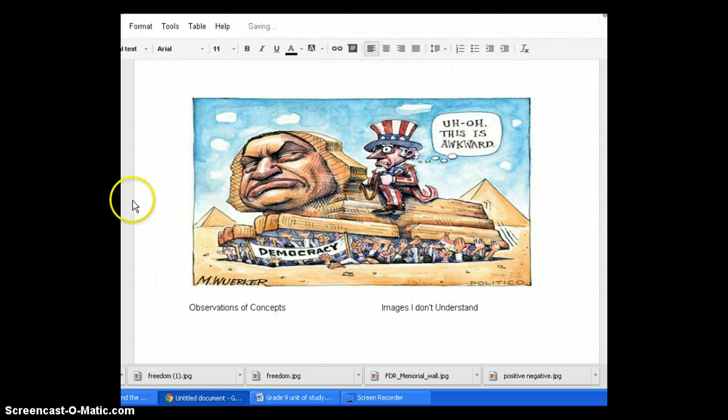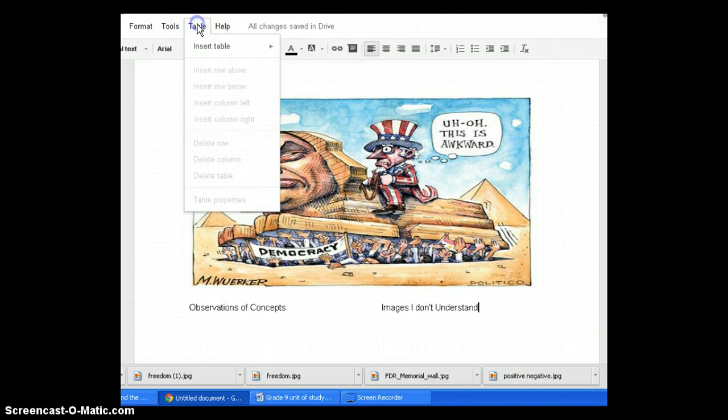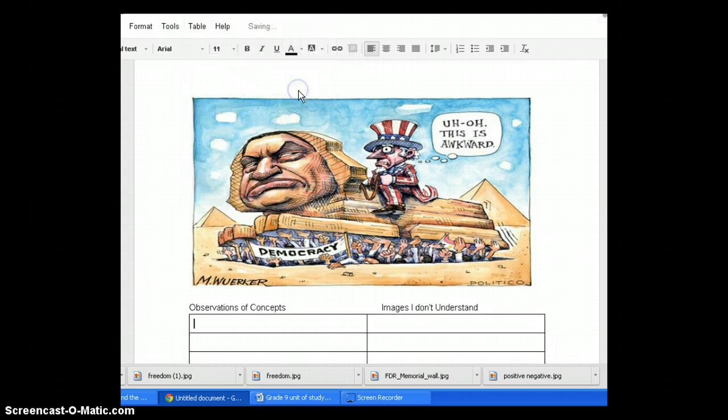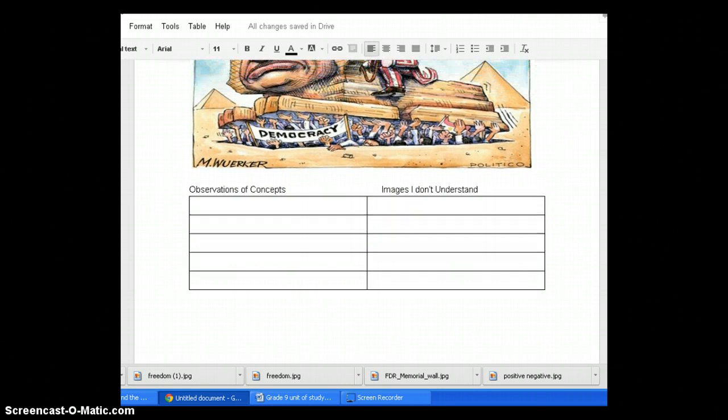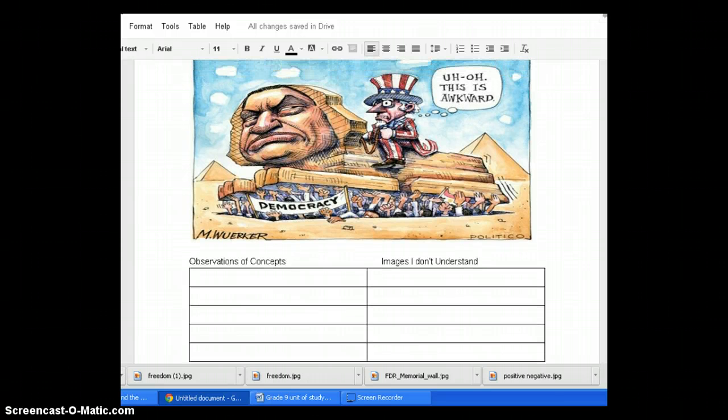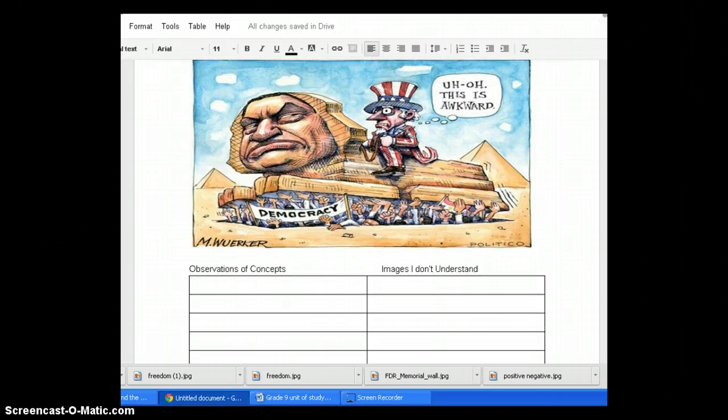Now, another way to do this would actually be to insert a table. So if you wanted to make a table this way, we certainly could do it that way and insert the table. And if we do it right underneath, you can see it creates a T. So now I'm going to go through and look at the image very carefully and use a critical eye to observe observations of concepts and parts of the image that I don't understand.